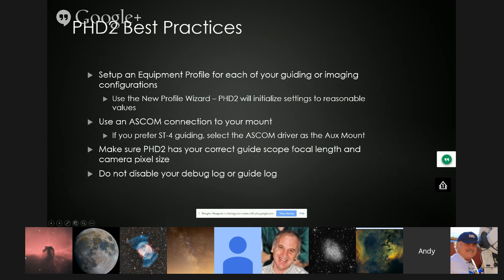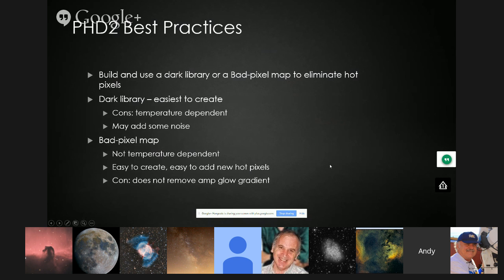Please do not disable your debug log or guide log. At some time you're going to want to go back to diagnose something, and you're going to wish that you had that guide log. These are both turned on by default. The application gives you the ability to turn them off. I'm not really sure why we have that there. We might remove it sometime, but please just keep them on. I'll keep going with some tips here.